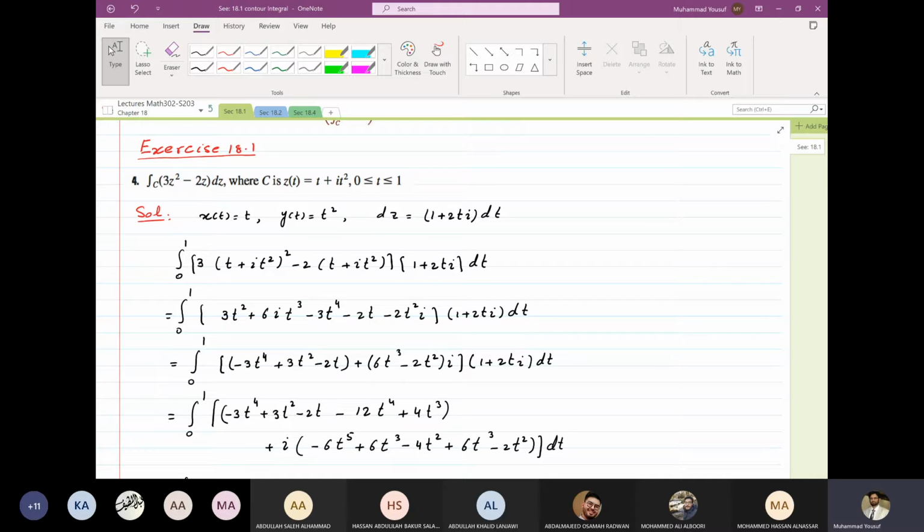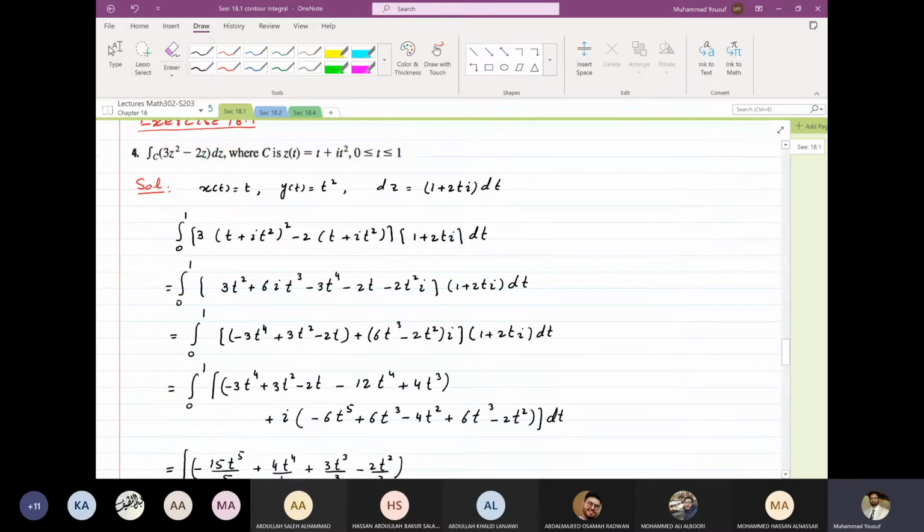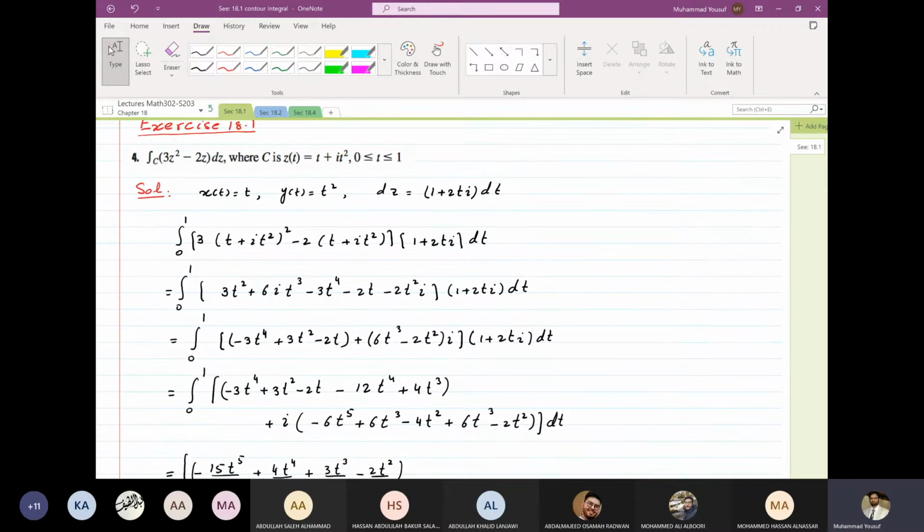So dx is dt, dy is 2t dt, dt I have taken as common factor, so it is 1 plus 2ti dt. It is a very simple concept that wherever there is x, we replace it by t, wherever there is y, we replace it by t squared, and then dz by 1 plus 2ti dt.